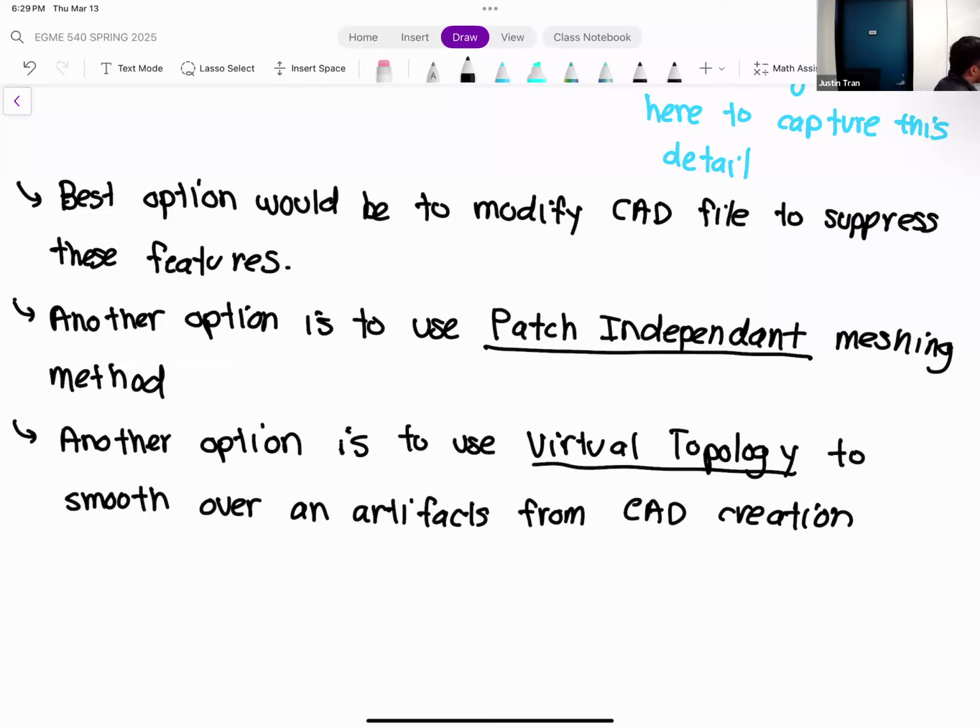The way virtual topology works is that if your CAD model has a lot of extra contours, a lot of extra edges that are not really there but were just created as a result of the CAD model, virtual topology will let you combine those together in a very smart, intelligent way.